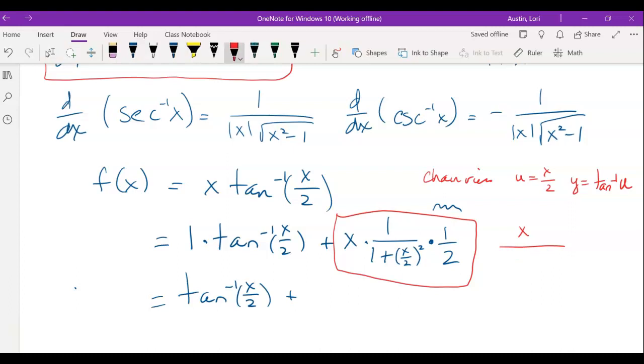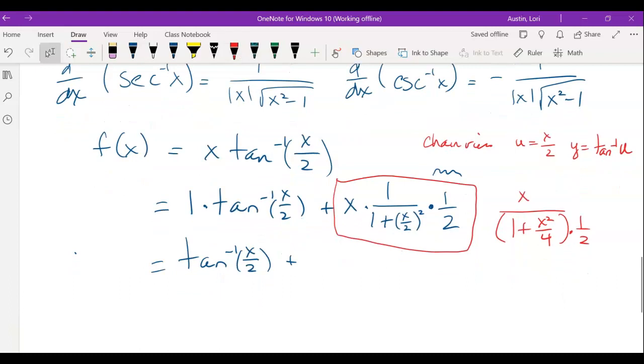That actually becomes 2x over 4 plus x squared.